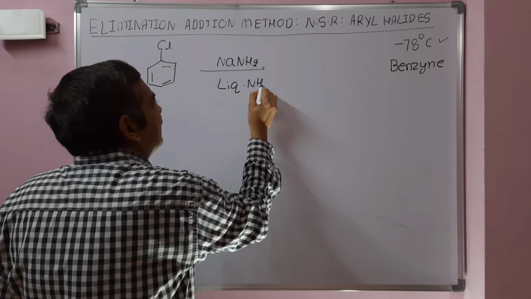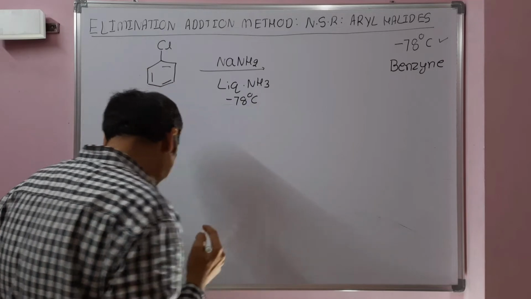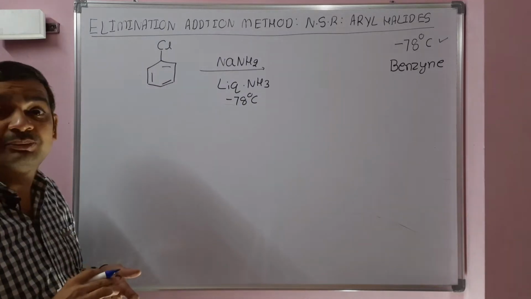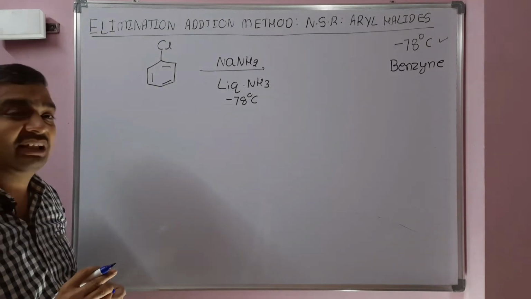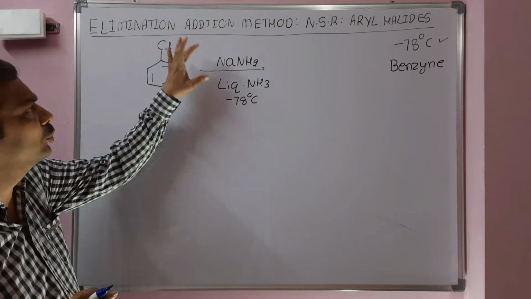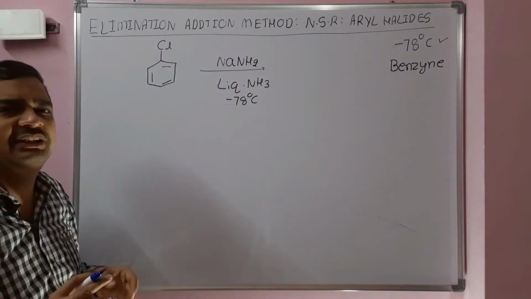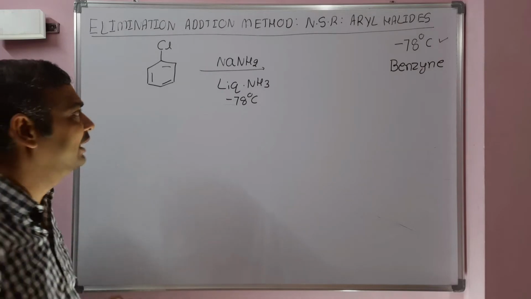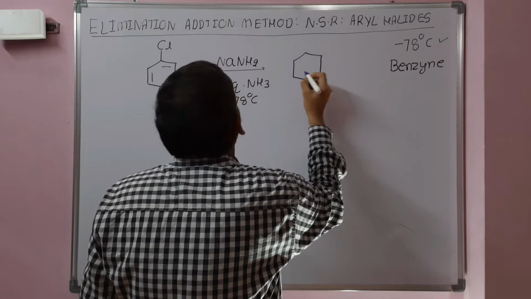The temperature required is minus 78 degrees centigrade. See the difference in temperature. We came from 350 degrees centigrade and end up with minus 78 degrees centigrade. But this takes place only with one reagent, sodamide in liquid ammonia. This type of reaction is not possible with other reagents. The nucleophilic substitution takes place with good yield.